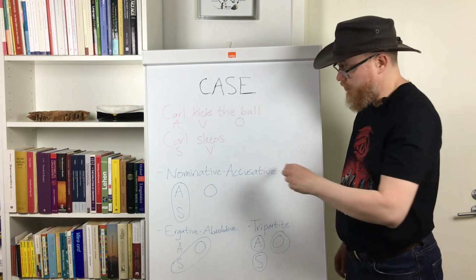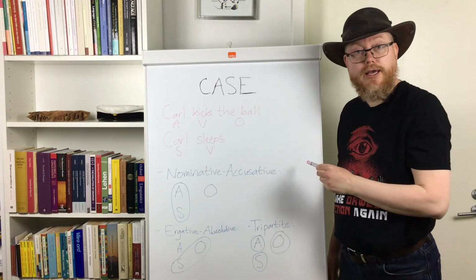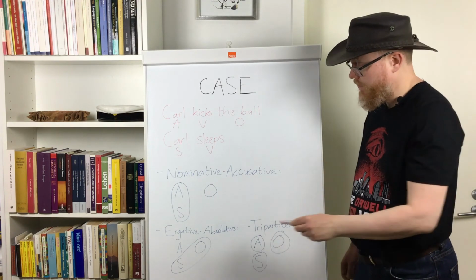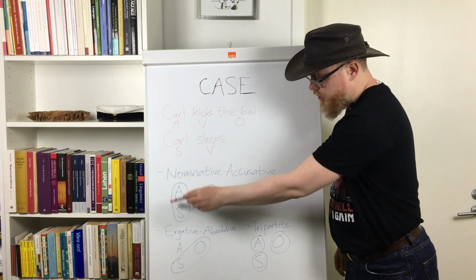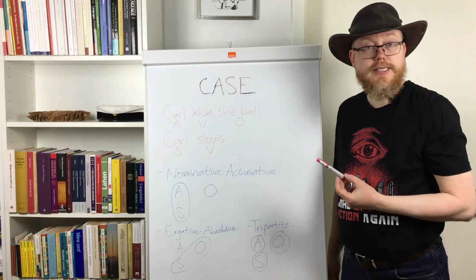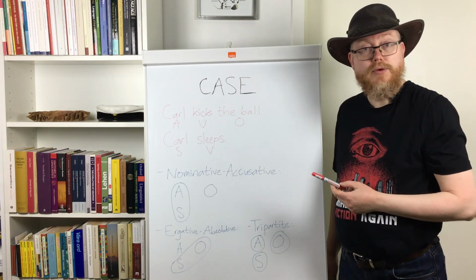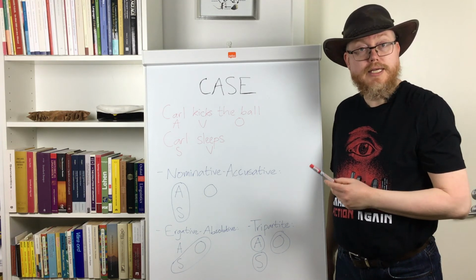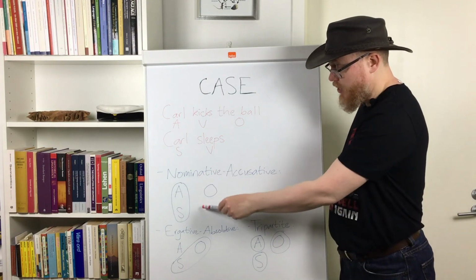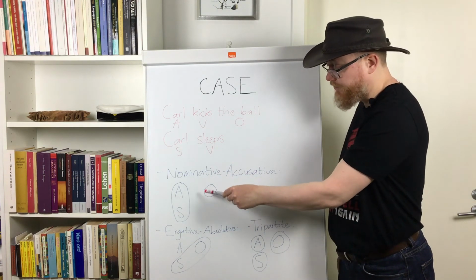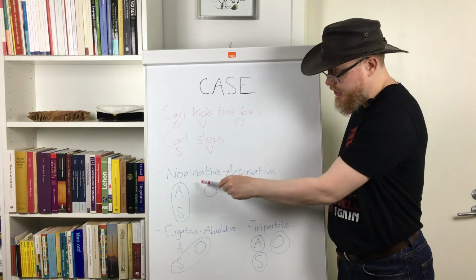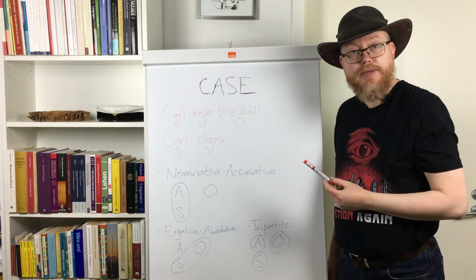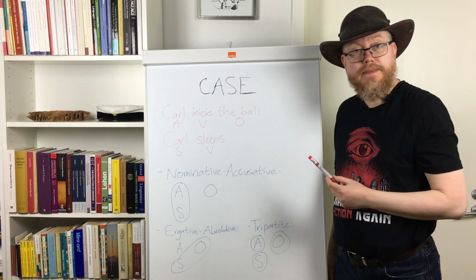And this is nominative-accusative case marking. Here, these two constituents are treated in the same way, which means that they are usually unmarked. For case, they take no case ending. This one is singled out. This one is the one that takes the case ending in the transitive clause.